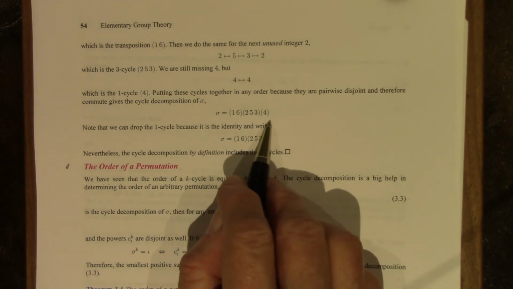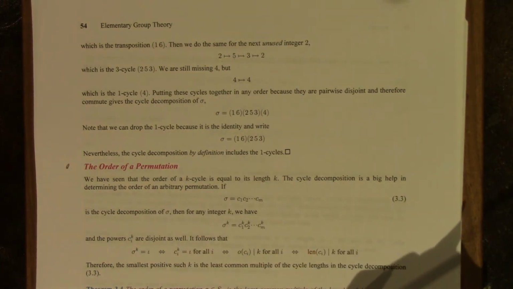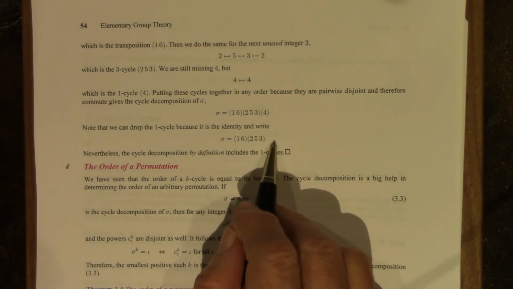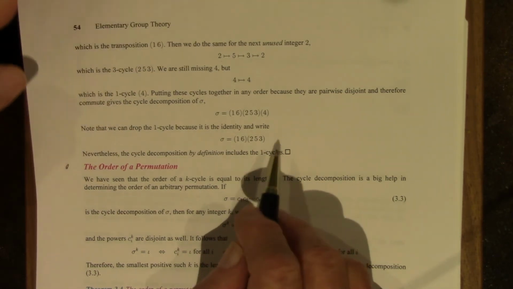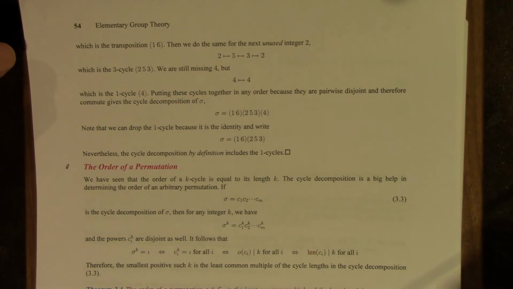The 1-cycle is the identity. However, by definition, the cycle decomposition includes the 1-cycles. If they're missing, you can, of course, restore them. You know what they must be, but technically speaking, the 1-cycles are part of the cycle decomposition.